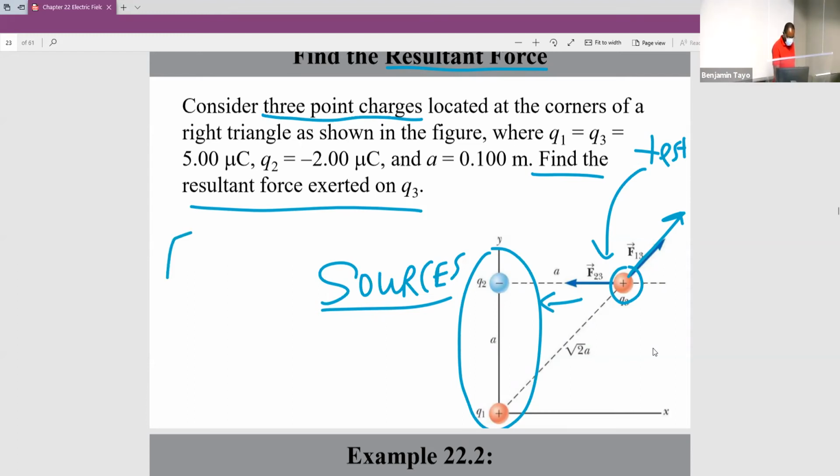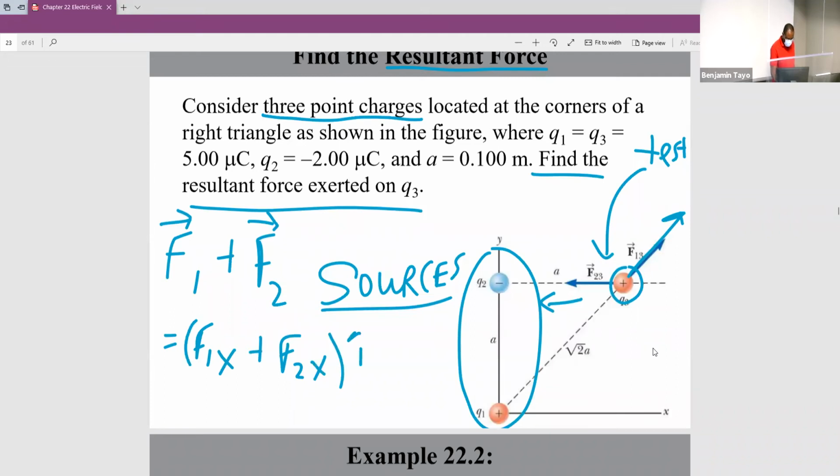For example, if I want to add those 2 forces, I can write this as F1x, the x component of F1, plus the x component of F2, and then F1y plus F2y in the j direction.